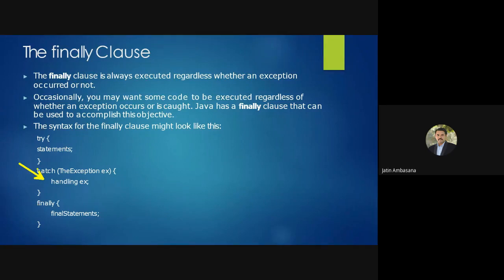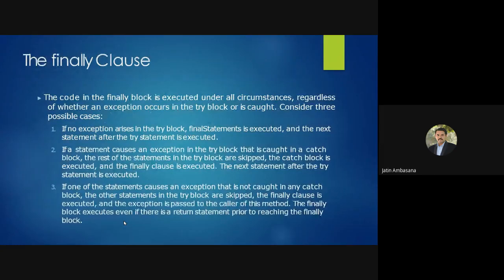Even if it does not go into the catch block, it still goes into the finally. The code in the finally block is executed under any circumstances. Okay. So even if the exception is thrown and caught, and even if there is no exception, the finally statement is executed. Okay.